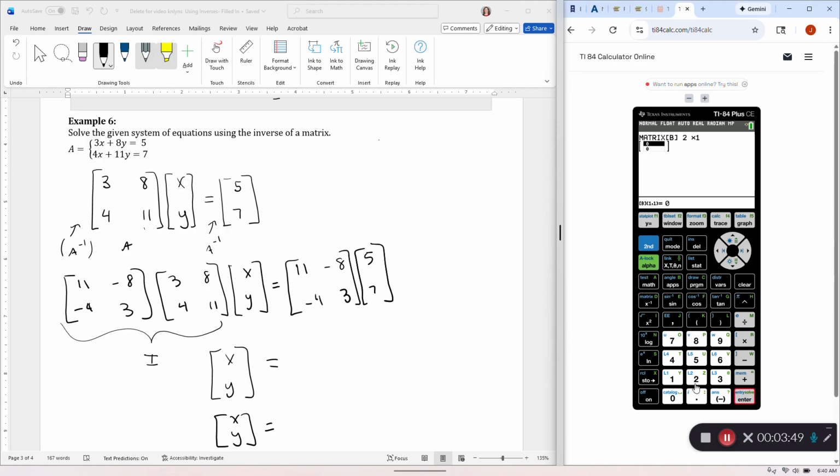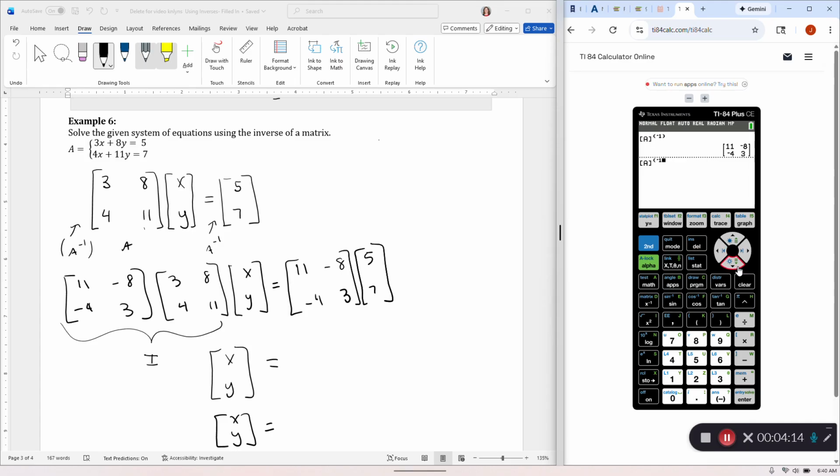And it is 5, 7. Okay, I'm going to quit out of that. I'm going to take that inverse matrix for A, and multiply it by my second matrix here.